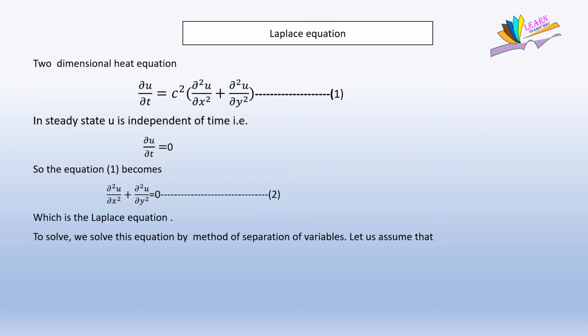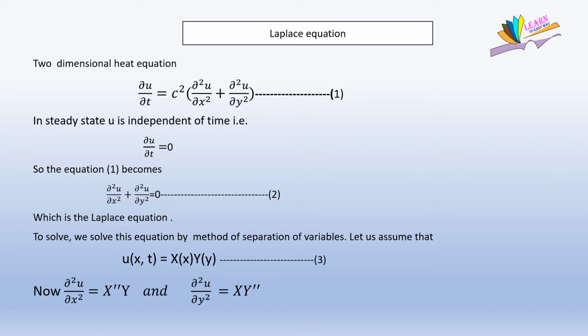To solve the Laplace equation by the method of separation of variables, let us assume that U(x,y) is equal to X(x) into Y(y). Now partially differentiating equation 3, we get ∂²U/∂x² is equal to X''Y, and ∂²U/∂y² is equal to XY''.